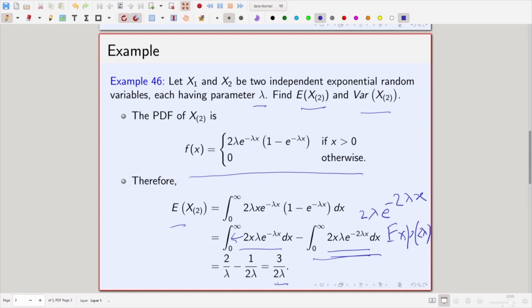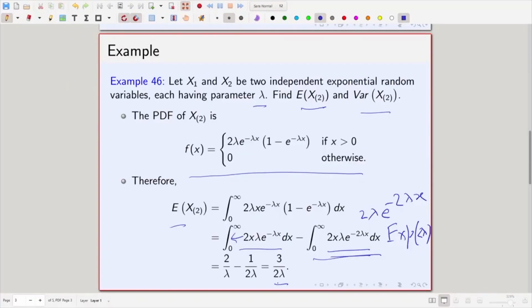So, here there are just 2 random variables, so x2 is basically the max of x1 and x2. So, you are trying to find the expectation of the maximum of 2 independent exponential random variables, each having parameter lambda. For the minimum, we already know that the minimum of two exponential random variables is again exponential with parameter just the sum of the parameters.